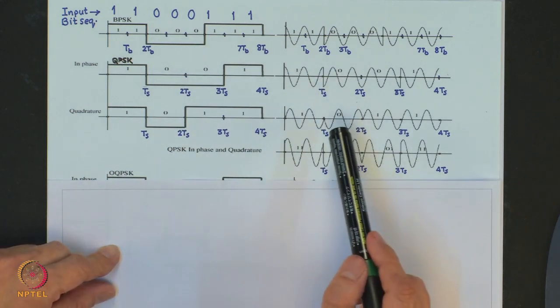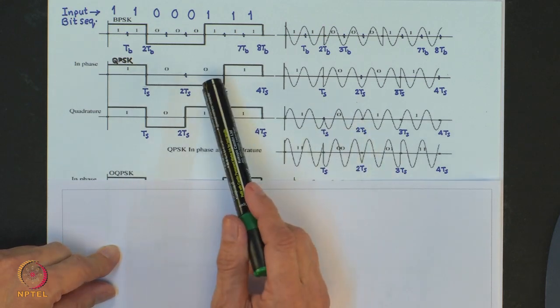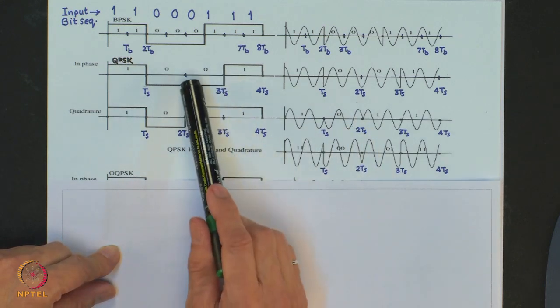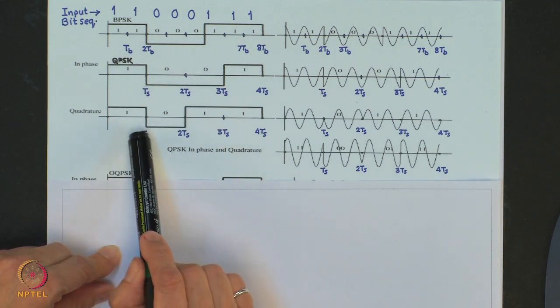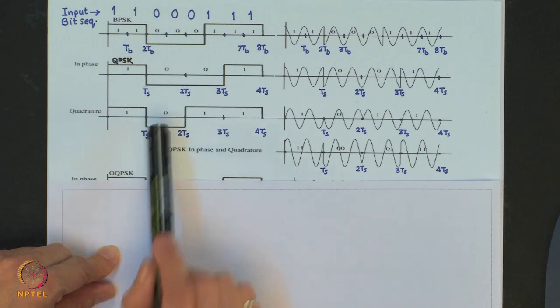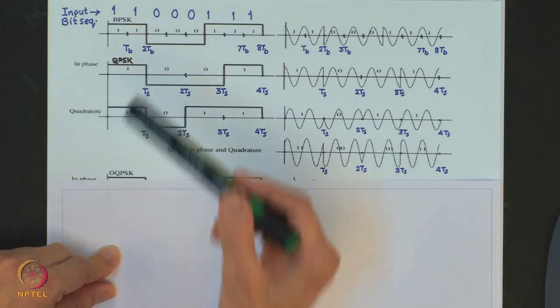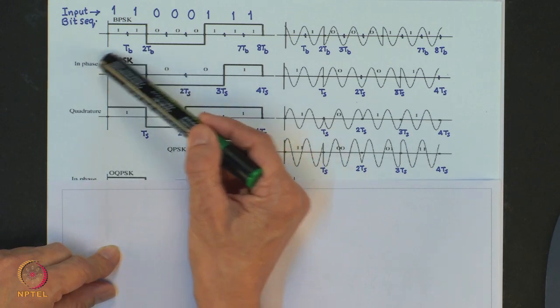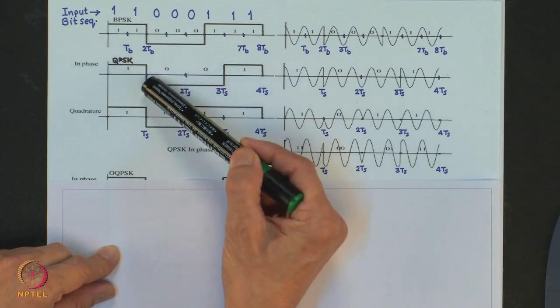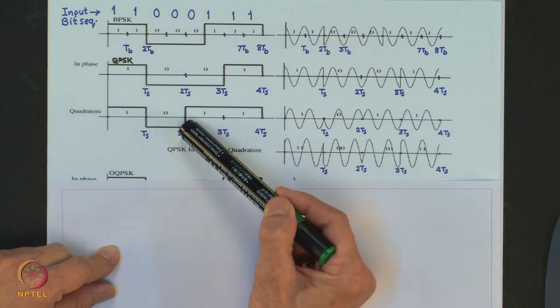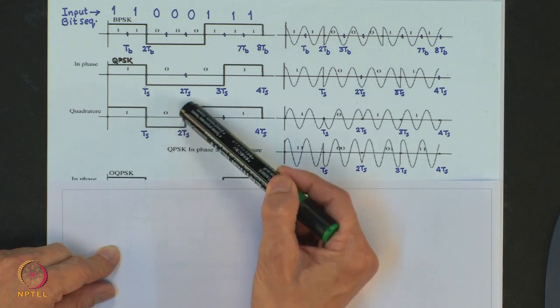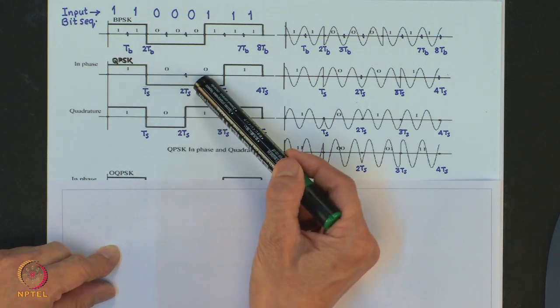What this means is that the changes in phases in both these streams can occur only at the multiple of bit interval Ts, which is twice the Tb, and these changes are independent. So, you see that in phase at Ts there is a change, and the quadrature component also there is a change. Then again here at 2 Ts this changes, but this remains the same.